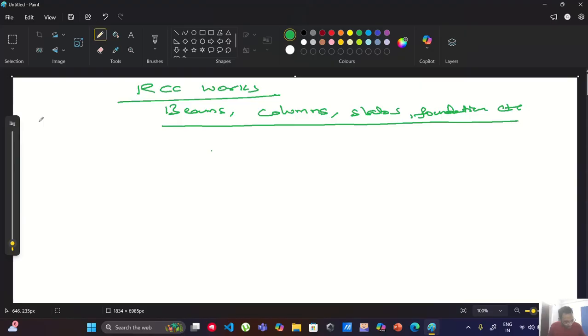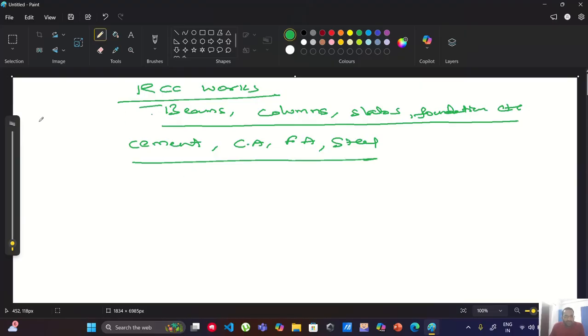Generally, the materials when it comes to RCC works. RCC stands for reinforced cement concrete. I think everyone knows about this. Along with cement, coarse aggregate, fine aggregate and water, steel is added for additional strength.